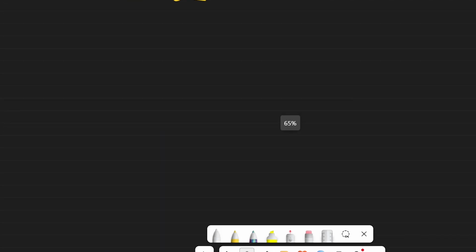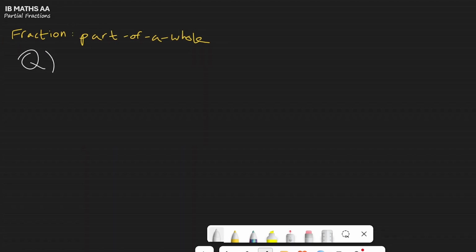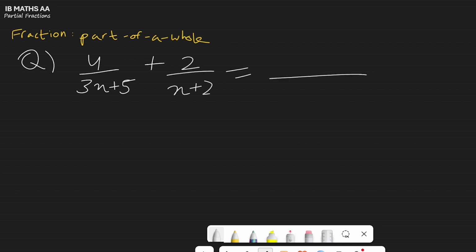Let's say that we have a question over here. Let me zoom in a bit. A question, for example, could be 4 over 3x plus 5 plus 2 over x plus 2, let's just say. First let's represent it in the one fraction form, like a single denominator. What would we do?